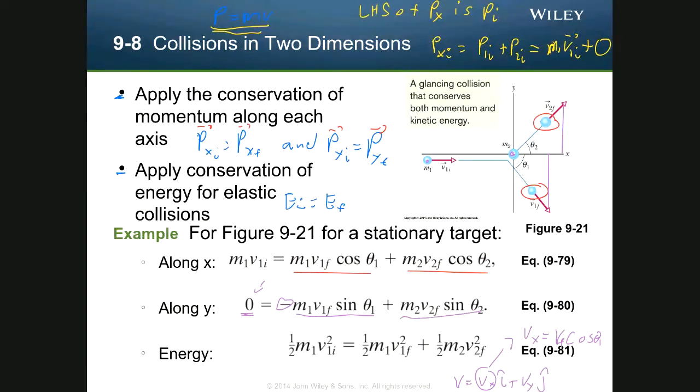Again, the sine thetas just come from the vector decomposition, the components of the velocity vector. And then our final equation, because we were looking at an elastic collision, is that the energy is conserved. Again, there's only one term on the left-hand side because the initial speed of m2 is 0. It's stationary, so it has 0 kinetic energy. And all the energies are kinetic here, so you can just apply them.